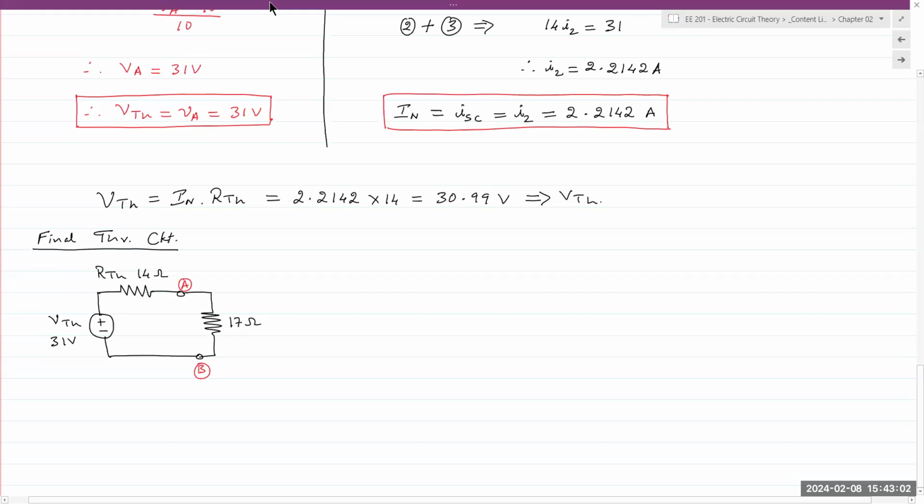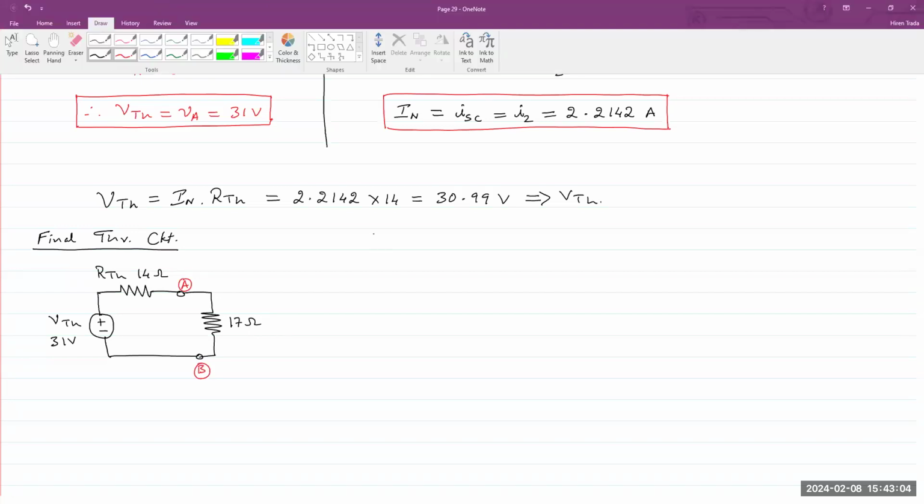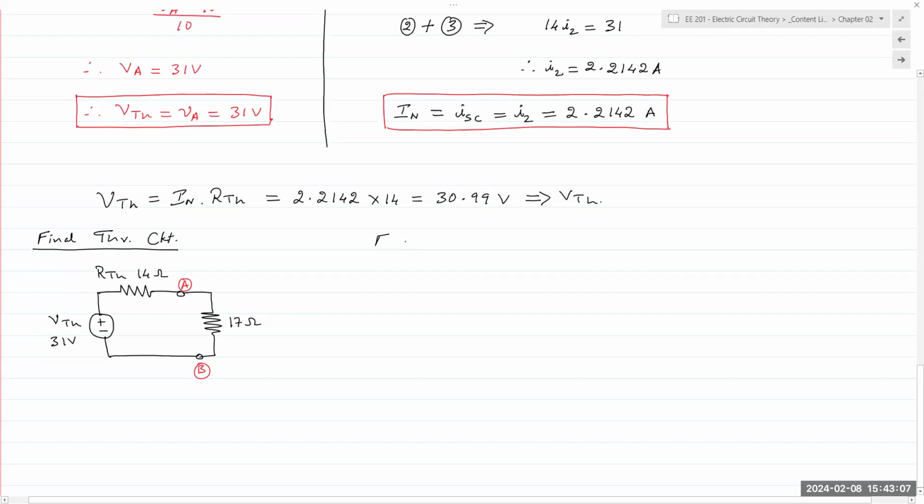And similarly, the final Norton circuit will have a current source in parallel with a resistor. That is the Thevenin resistance, RTH, 14 ohms.